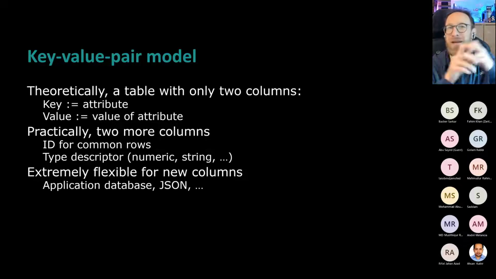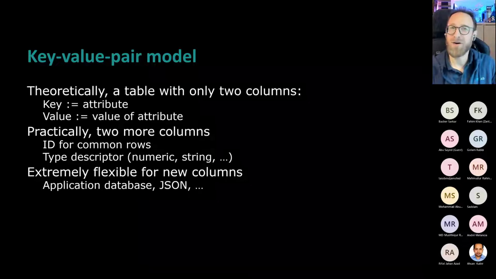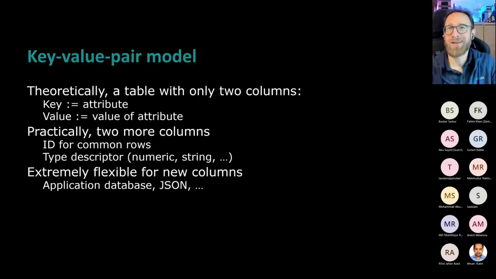The key is a string, right? But the value for it can be of any type. And if there are new attributes we want to store in this table, it's easy because we just add a new line. So for ID 1, we now store whatever the information is. So we don't have to change the schema. We don't have to change the structure of the table.